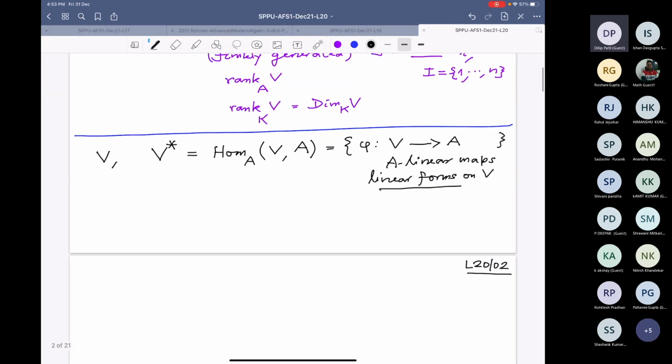We have a map from V cross V star, a product set, to A. Namely, for any x and any linear form e, I am calling it a linear form, what can we do? Take the evaluation.